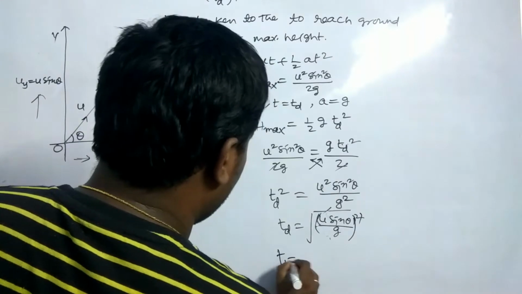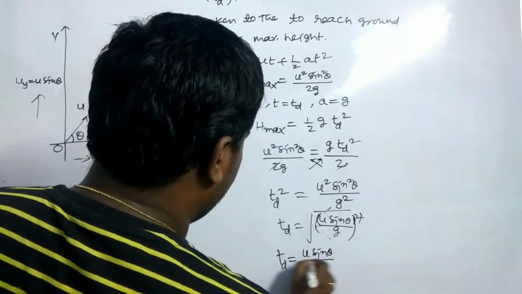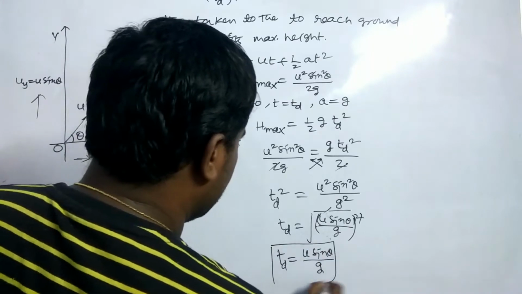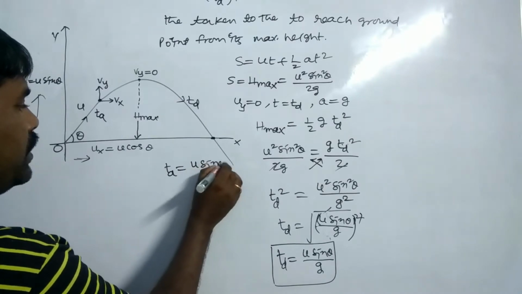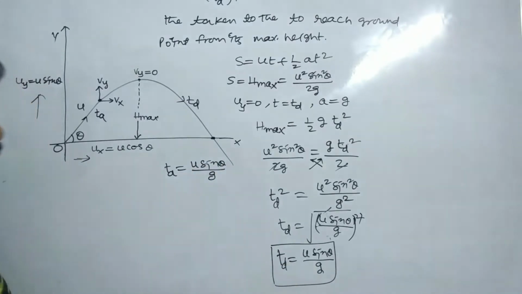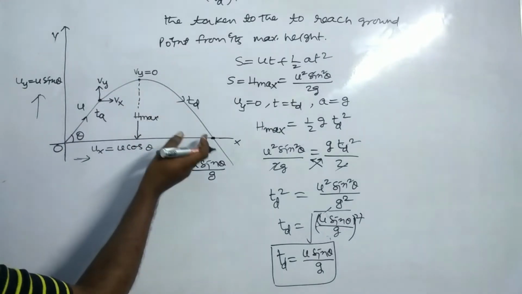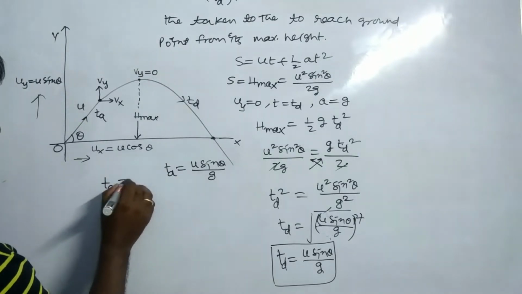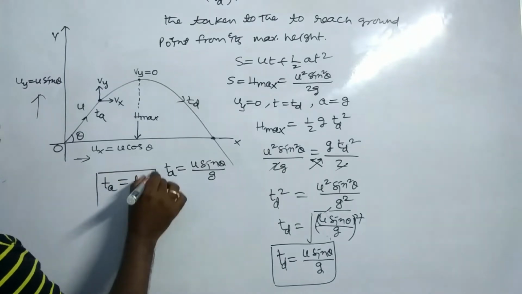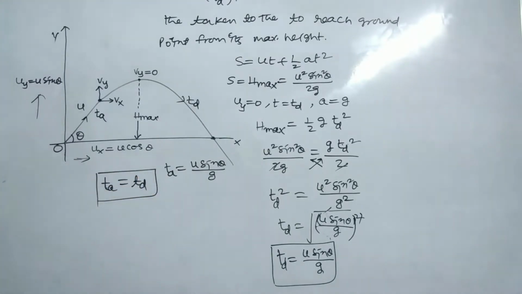Where TD is equal to u sin theta by g. Already we derived that TA is equal to u sin theta by g, so that is equal to TD. So how much time is taken to reach the maximum height point, that much time is taken to reach the same horizontal position, the earth, from where it started. So TA is equal to TD, which holds in projectile and in the vertical projected body.